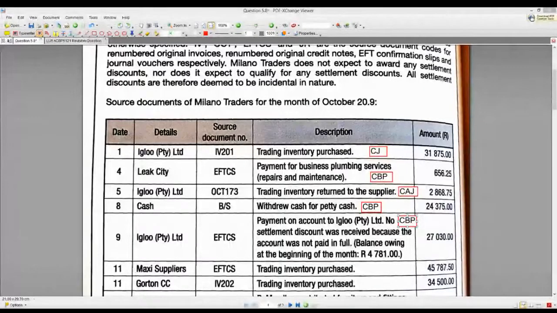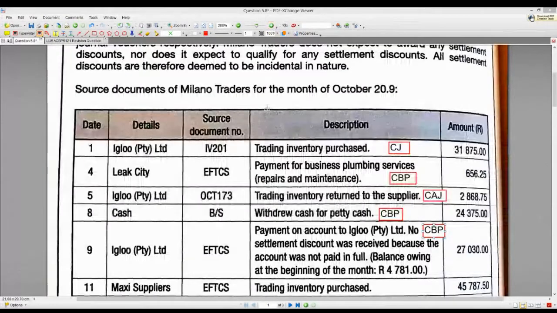Okay, then we're going to continue with the question. Can you all just indicate, can you see the PDF on your screens?